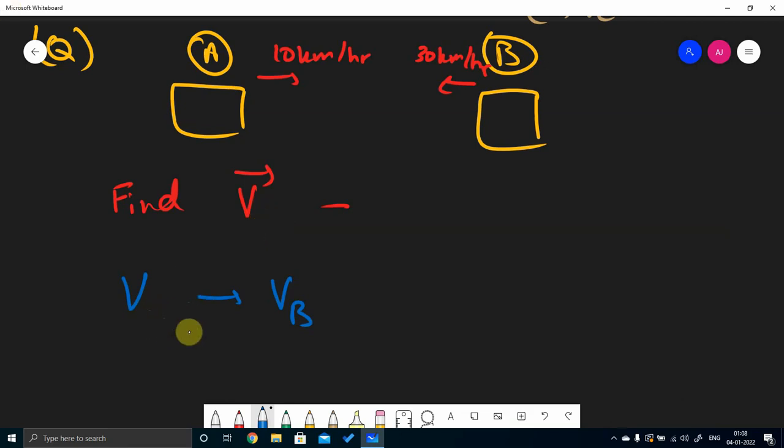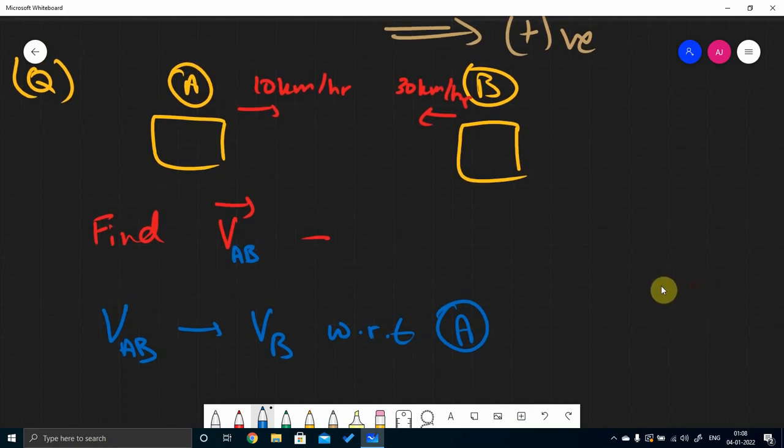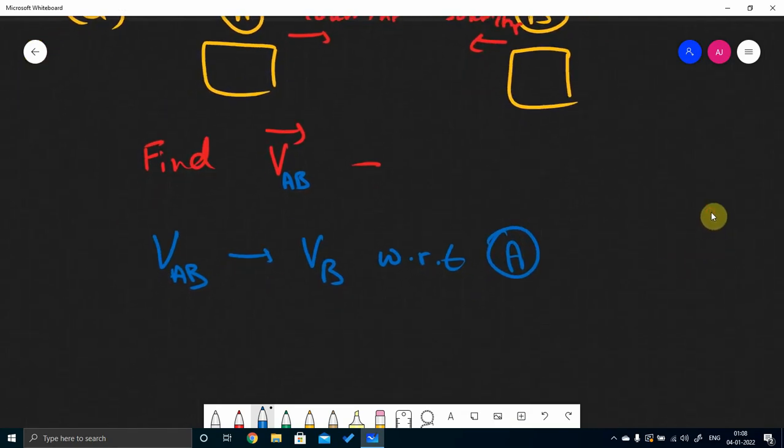So VAB. VAB means velocity of B with respect to A.